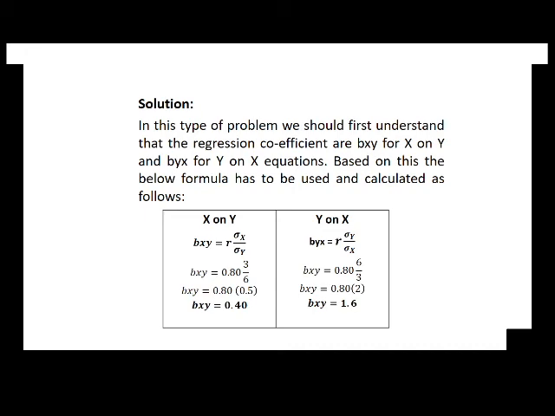X on y is nothing but bxy, which was discussed in session number 2, is equal to correlation into standard deviation of x divided by standard deviation of y. bxy is equal to 0.80 into 3 divided by 6. bxy is equal to 0.80 into 0.5. bxy is equal to 0.40.